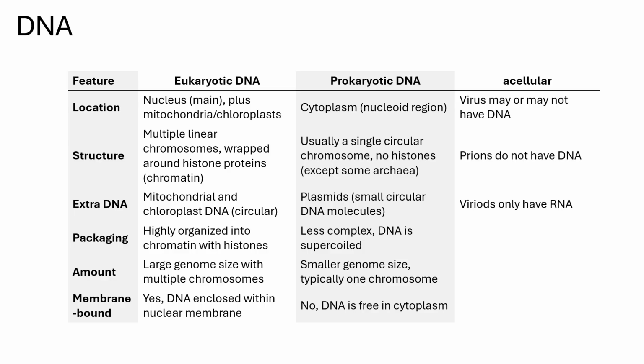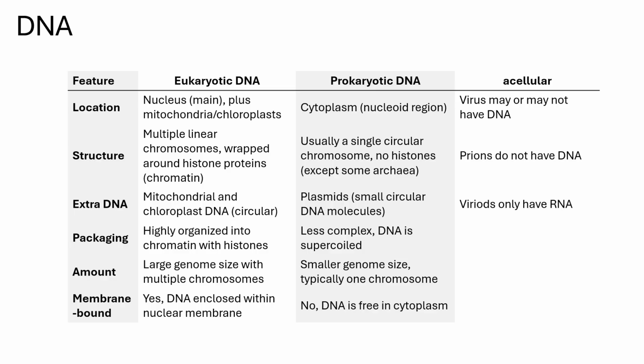This takes us to the DNA in prokaryotes, where it's found in the cytoplasm, specifically in a region that's called the nucleoid. So prokaryotic cells do not have a nucleus. They have a nucleoid. So unlike that of the eukaryotic DNA, prokaryotic DNA is singular and it's circular.